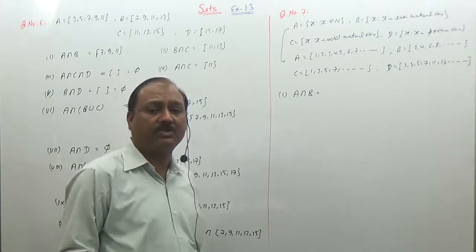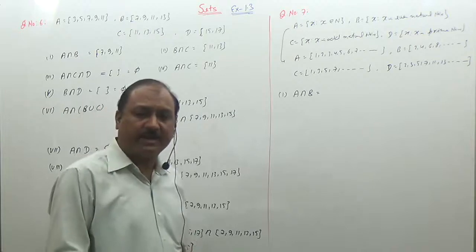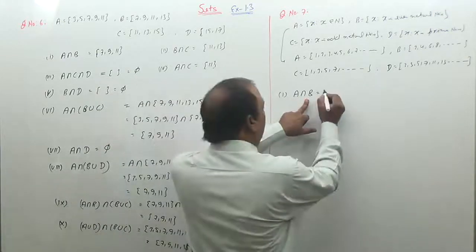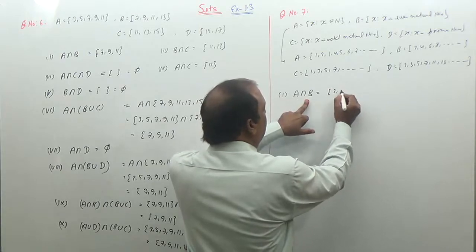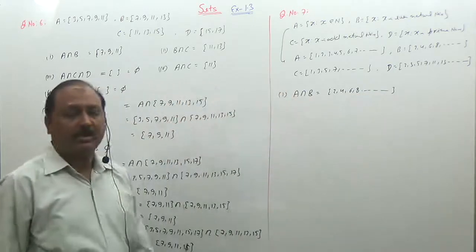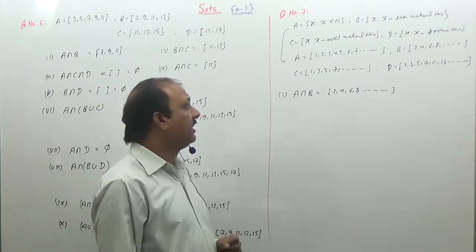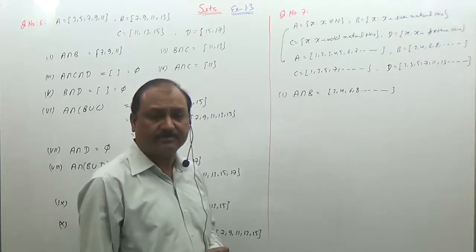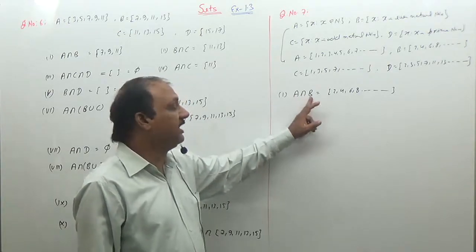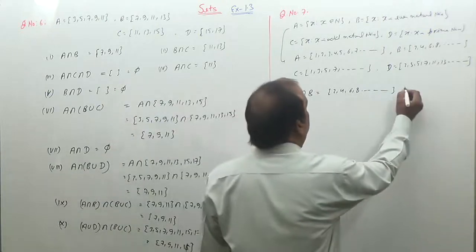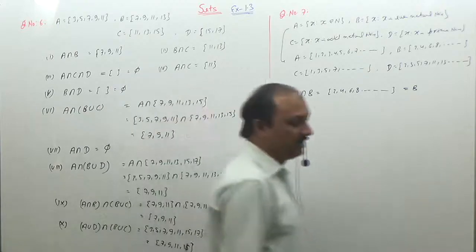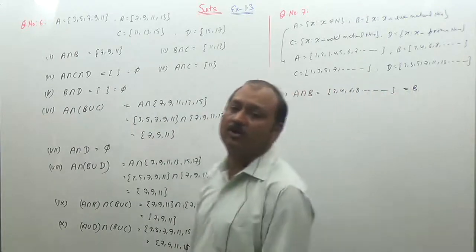A is the set of all natural numbers and B contains the even natural numbers. इन दोनों का कॉमन एलिमेंट होगा नेचुरल नंबर्स विच आर इवन 2, 4, 6, 8 एंड सो ऑन. ए में सारे नेचुरल हैं, बी के अंदर केवल इवन नेचुरल नंबर हैं. दोनों में कॉमन क्या आएगा? इवन नेचुरल नंबर. और इस सेट को हम क्या कहेंगे? बी. सो वी कैन से दैट ए इंटरसेक्शन बी इज बी सेट, और वी कैन ऑल्सो डिफाइन एज बी मीन्स एक्स इज दैट एक्स इज द इवन नेचुरल नंबर.